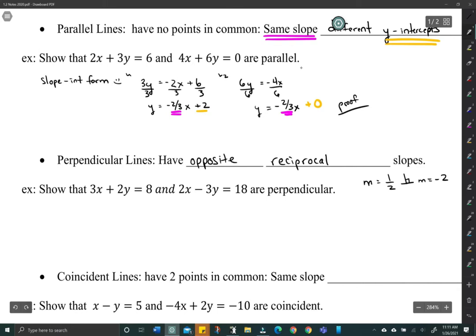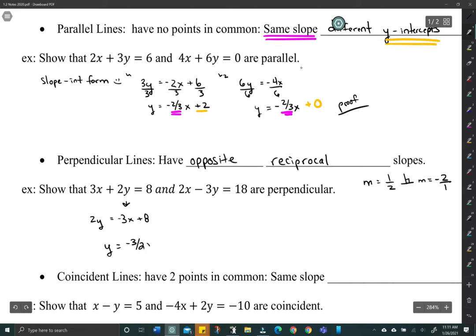Okay, so let's show that these two are perpendicular. Again, it's all about writing them in slope-intercept form. So this is going to be 2y is equal to negative 3x plus 8. Divide everything by 2. y is equal to negative 3/2 x plus 4.